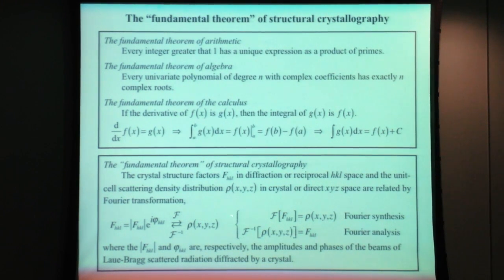And we express this just by convention: the Fourier transformation of the structure factors to get the density is what we call Fourier synthesis. We synthesize the density from a set of structure factors. And going the other way, when we invert that density, reverse Fourier transform that density, we get the structure factors, which we refer to as Fourier analysis.